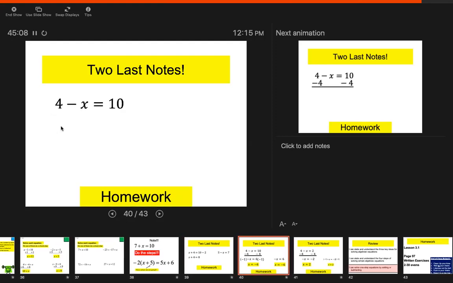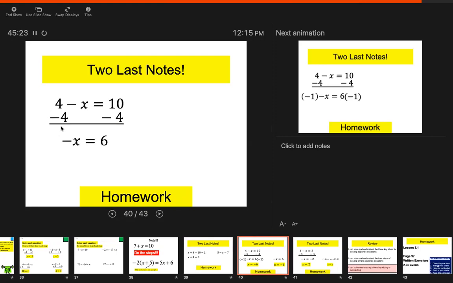So this is the one that's on homework, Julie, right? Trying to get rid of 4. Subtract 4 from both sides. We get -x equals 6. Therefore, the answer is x equals -6.